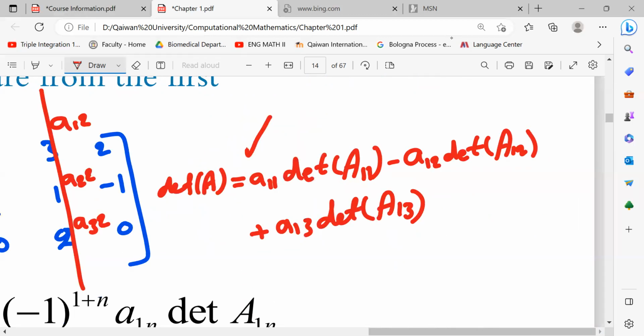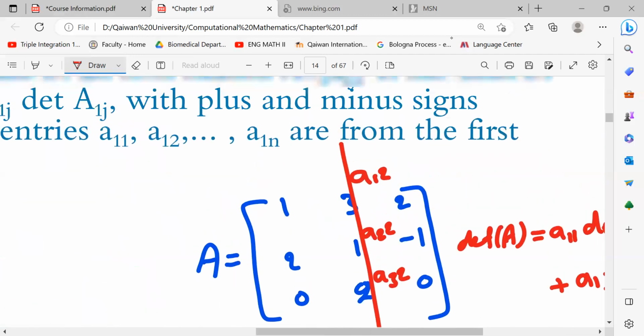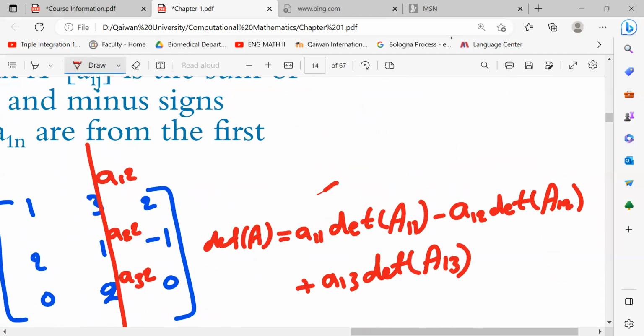How do we give these positive and negative signs? Look, what we do: we say the coefficient is -1 to the power of row number plus column number.